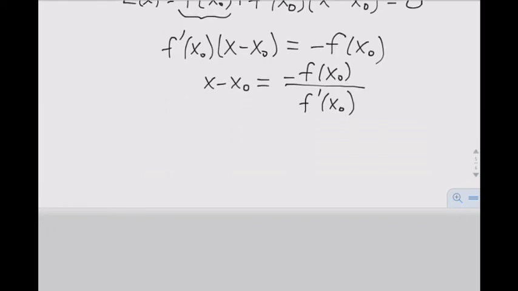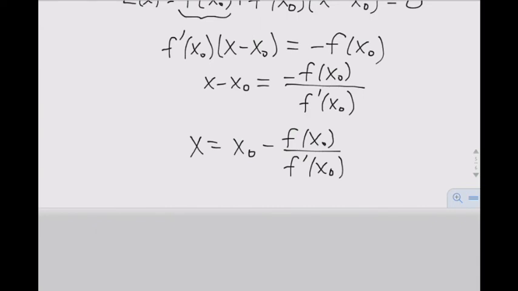And solving for x, taking the x sub 0 to the other side, and there we have it.